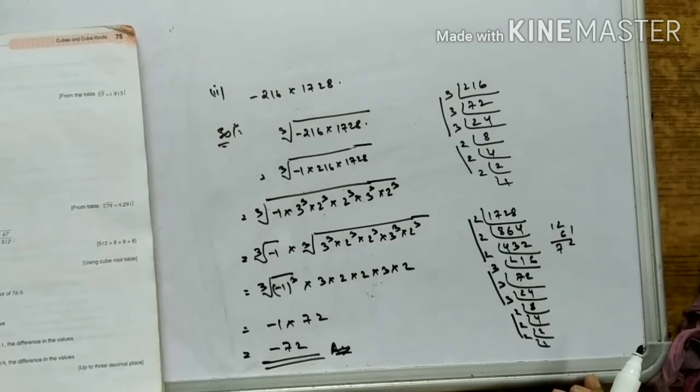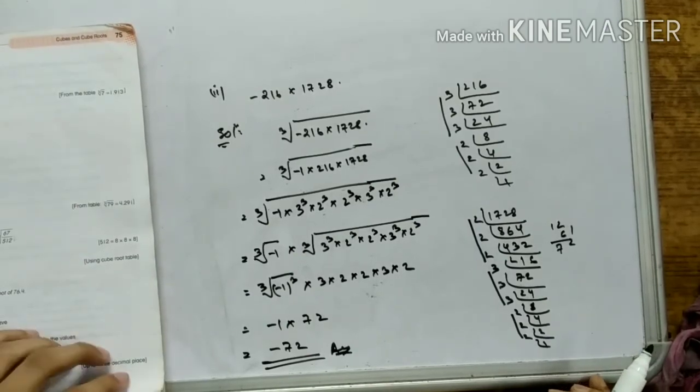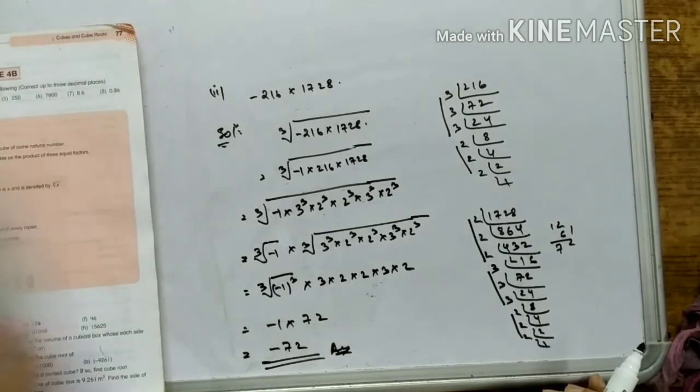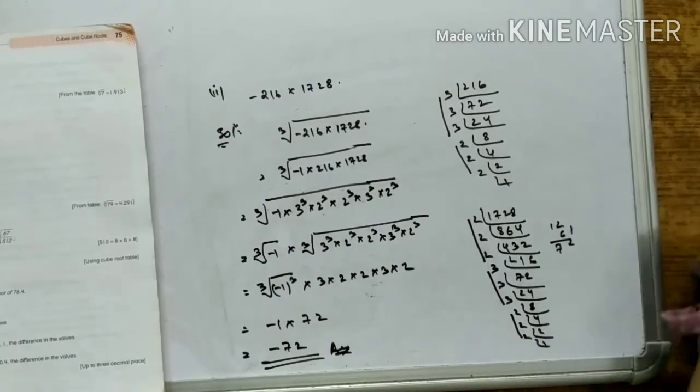Okay. So in my book some pages are missing here. After example 14, I think exercise 4a in my book is missing here. So next we will go to example 17.